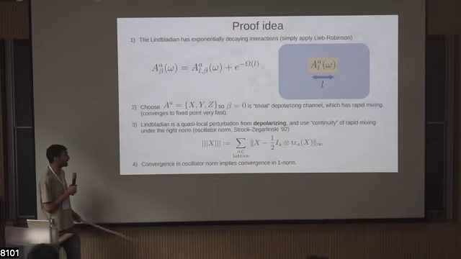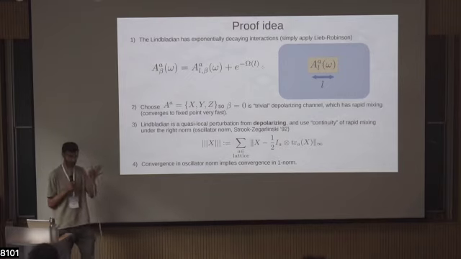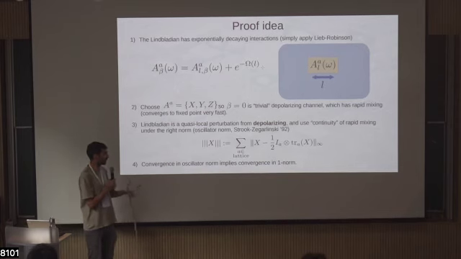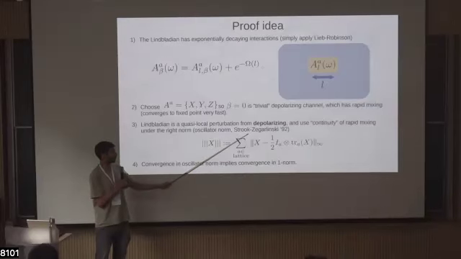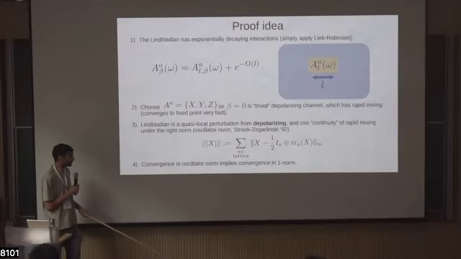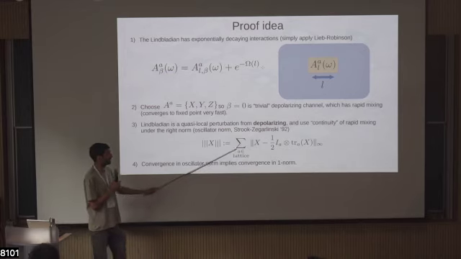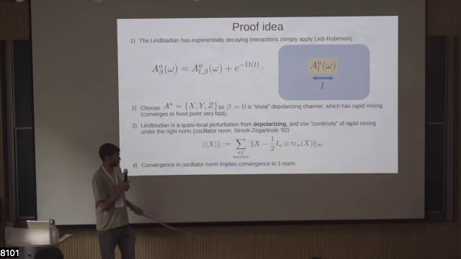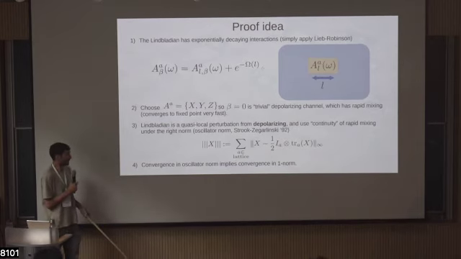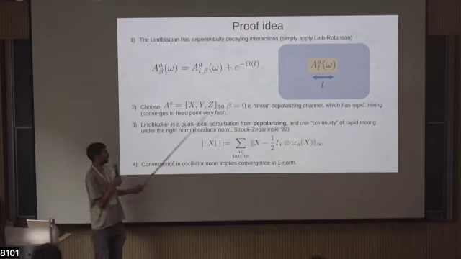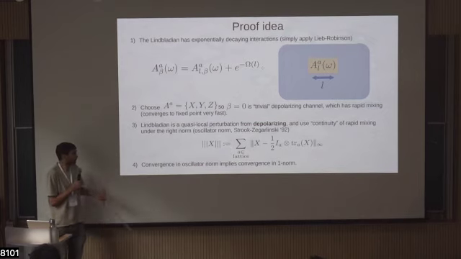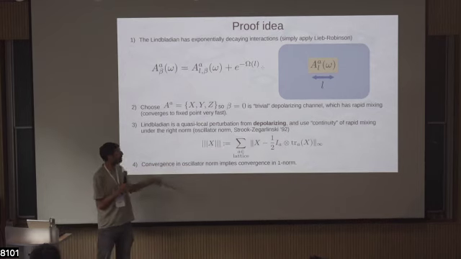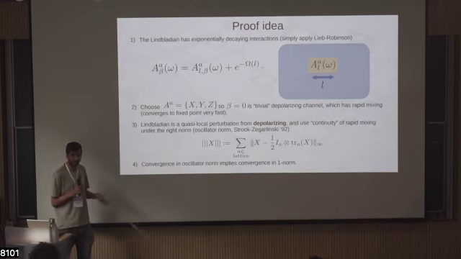In this case, and this is just some magic that Gibbs came up with, I actually had no idea about this, there's something called the oscillator norm from a classic paper of Stroock and Zegarlinski in the early 90s. This is a norm that is a bit funny, and is defined with some partial traces. If the distance in this norm of your channel to the depolarizing channel is small enough, then you can infer rapid mixing.